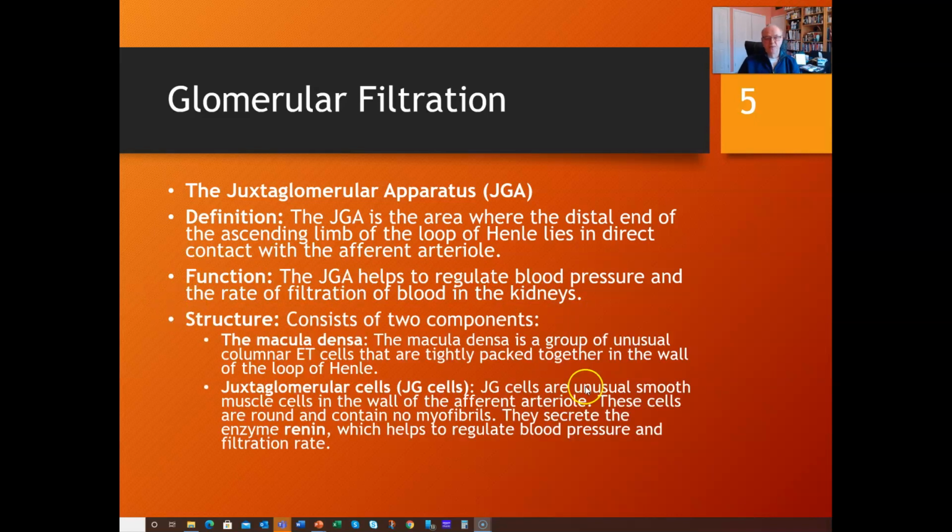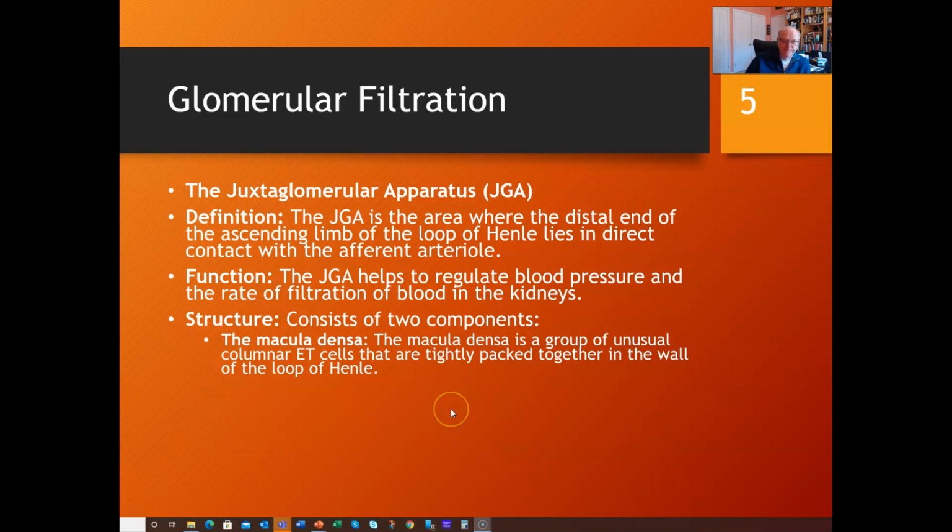It's got two main components: the macula densa, which is a group of strange-looking epithelial cells that are tightly packed together, and the juxtaglomerular cells, which are smooth muscle cells in the wall of the afferent arteriole. And these make renin, which is an enzyme involved in blood pressure regulation, which we'll see later.